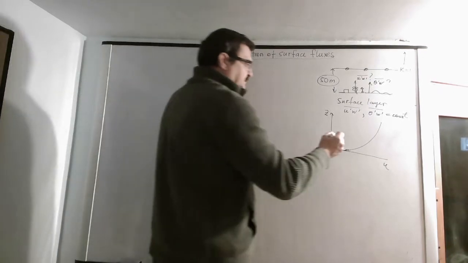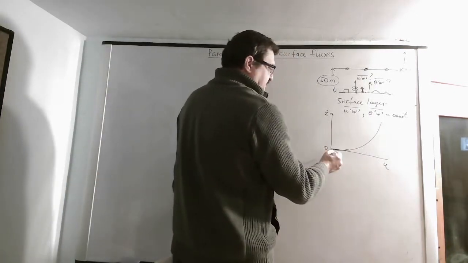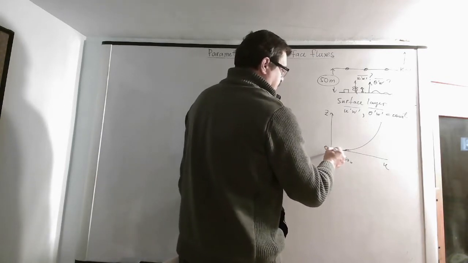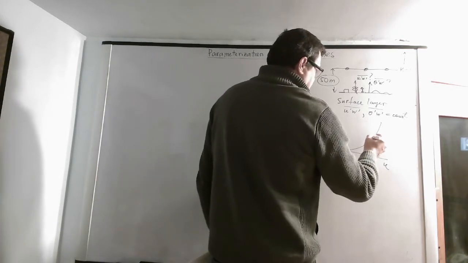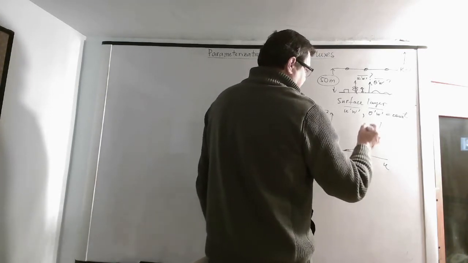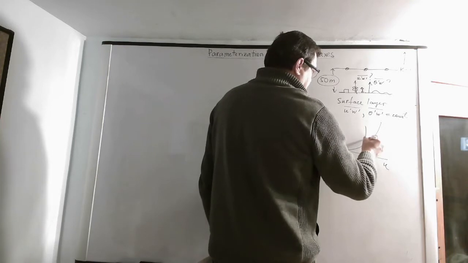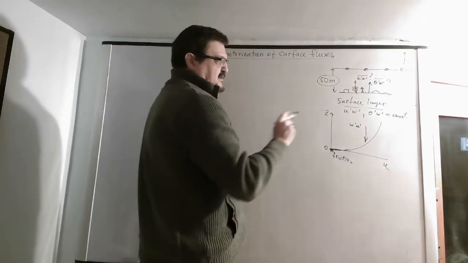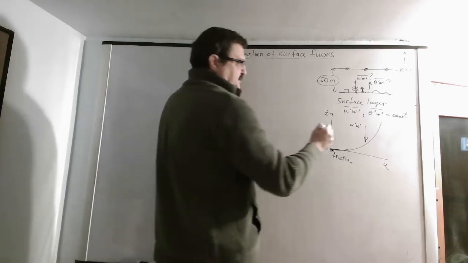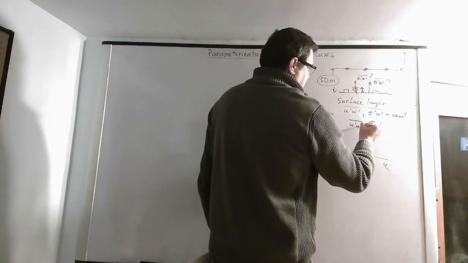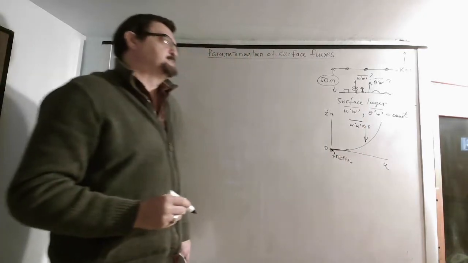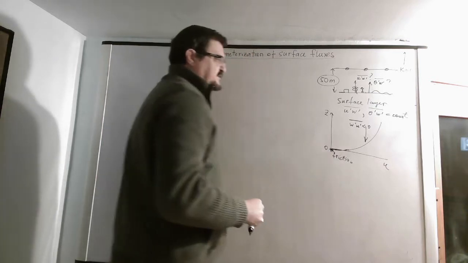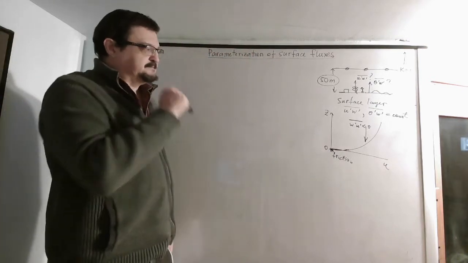So there is some flux of momentum, of course, because here there is friction, and your velocity is increasing with height, but the momentum flux, say horizontal momentum, so the vertical flux of horizontal velocity, is actually negative here. So your momentum is actually going to the surface where it gets destroyed.